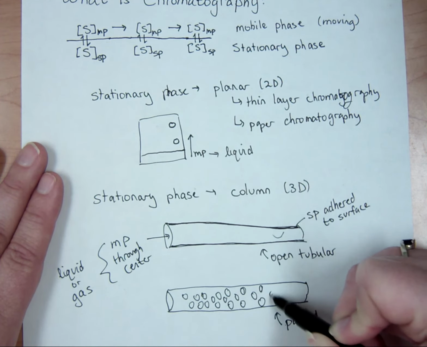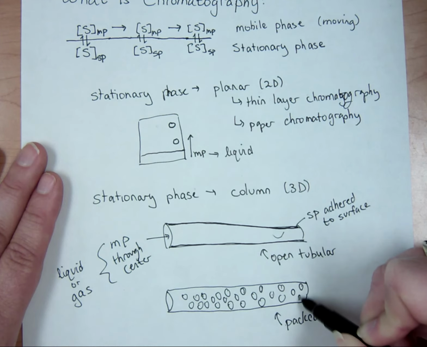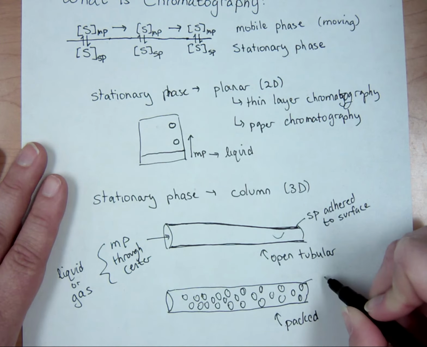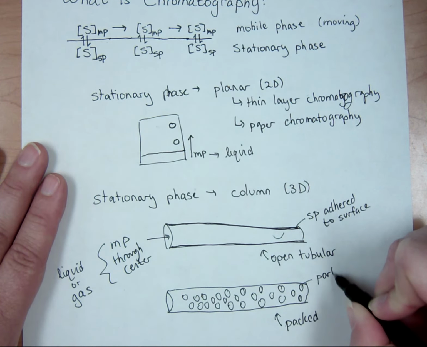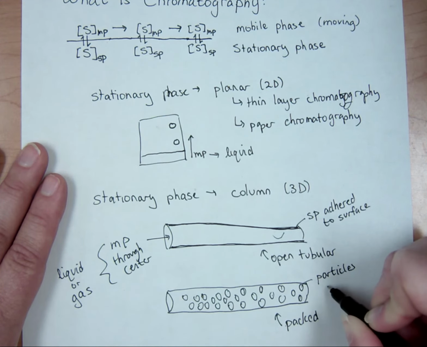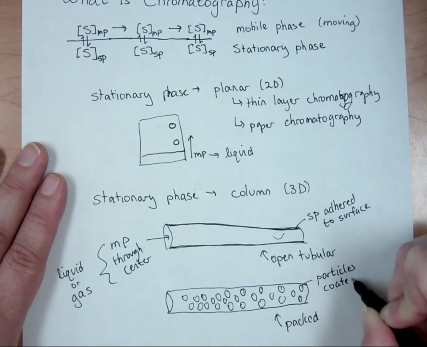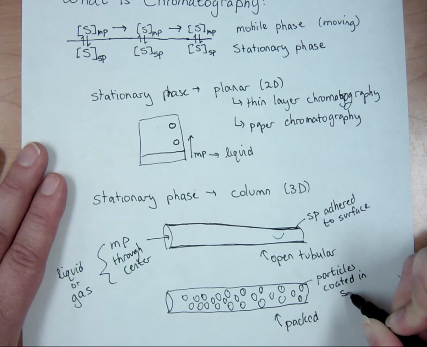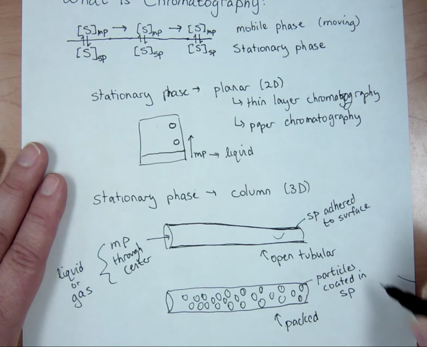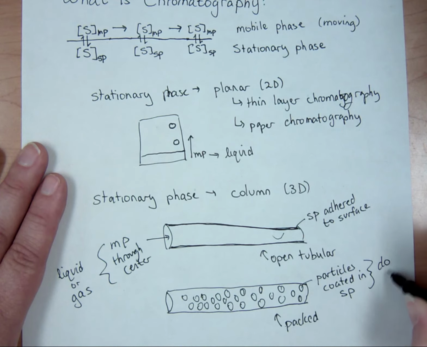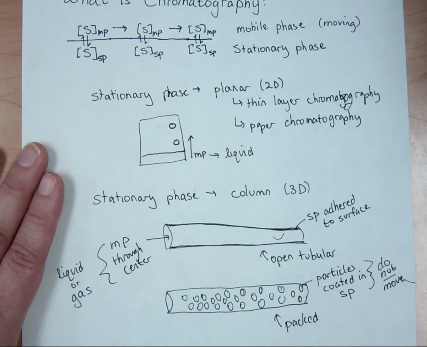What these particulates are, usually, is some kind of silica that are coated in the stationary phase. And again, these do not move. These are your stationary phase. They have to stay put.